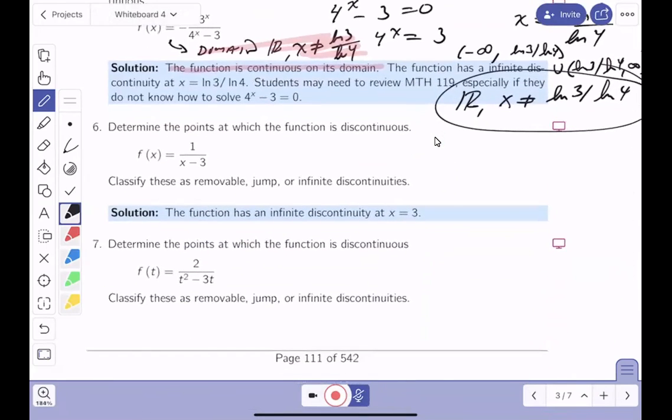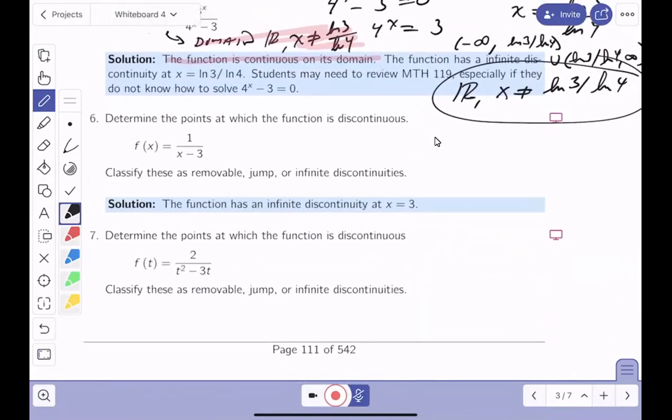All right. So this one over here, determine the points at which the function is discontinuous. This is fairly easy. Its domain, I'll write it over here, is going to be all real numbers except x equals 3, right? So it can't be 3. So we're discontinuous at 3. It goes on to say, you tell me what kind of discontinuity that is. Well, in 119, you actually graph these guys out.